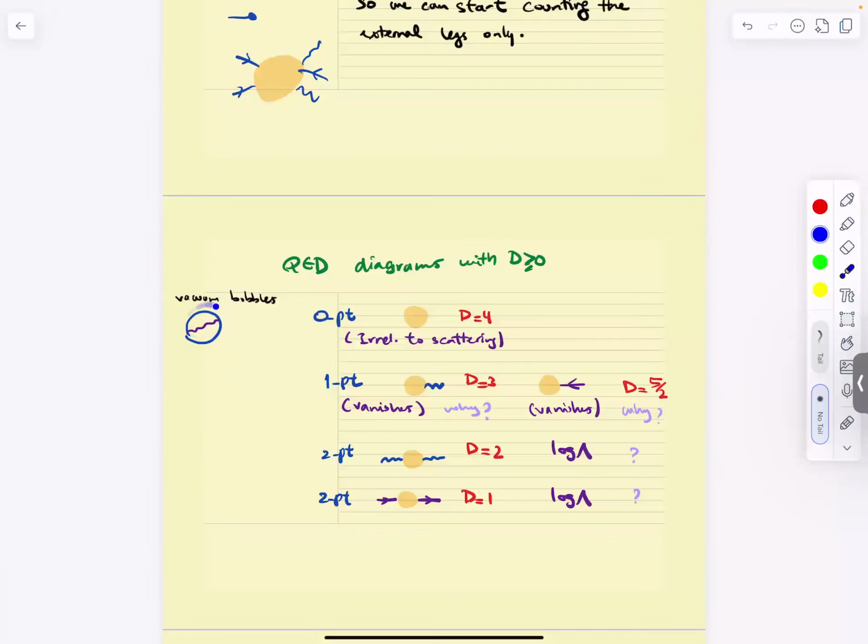Such diagrams are things like this, and they're called vacuum bubbles. They have no external legs. They are irrelevant to scattering. Why? Because you can't couple them to incoming and outgoing states; they have no outgoing and incoming states. Now, what do they contribute to?